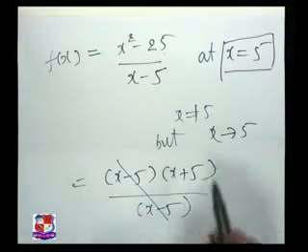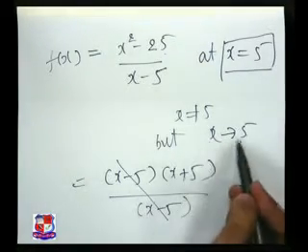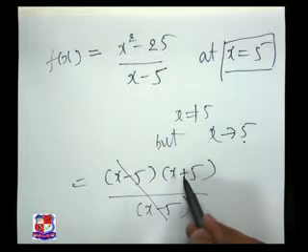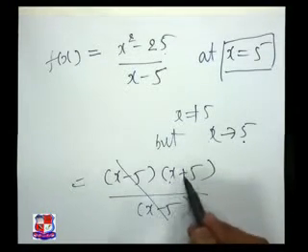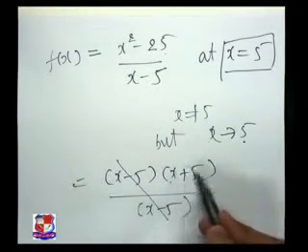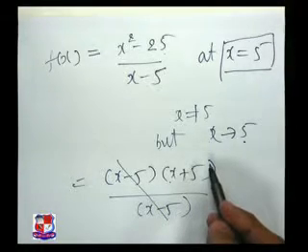So as x approaches 5, if we put 5 here, then the value of the function approaches 10. That is the idea of limit.